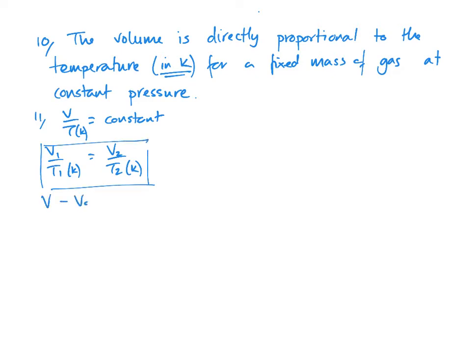The V is volume, and as usual the standard unit of volume is cubic metres, but you can use litres, millilitres, cubic centimetres, as long as you're using the same on both sides, because a multiplying factor would cancel out. But that doesn't work for temperature. It's got to be in Kelvin.